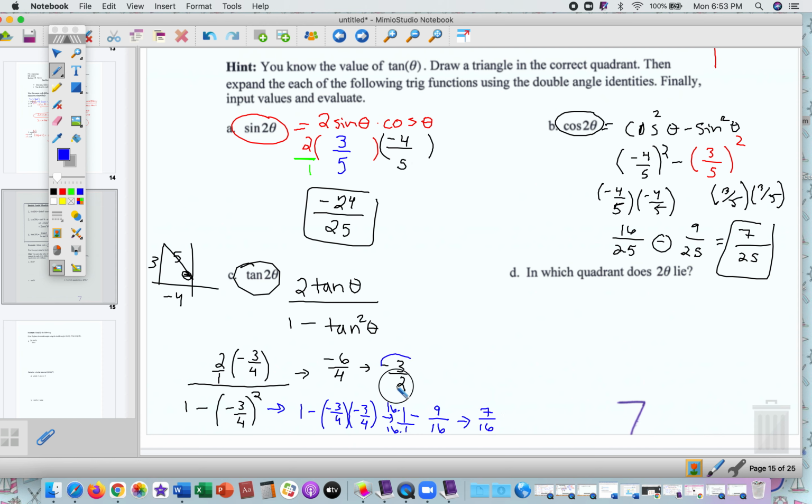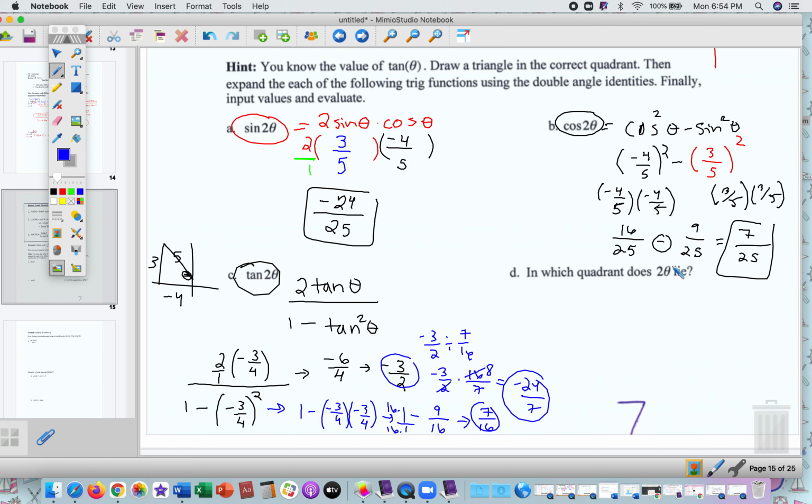So the numerator was negative 3/2 divided by our denominator 7/16. Change division to multiplication, flip the fraction on the right. I can cancel 2 out on top and bottom. So numerator negative 3 times 8, we get negative 24 over 7.